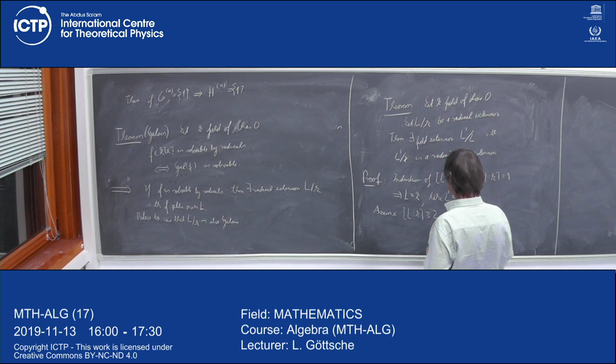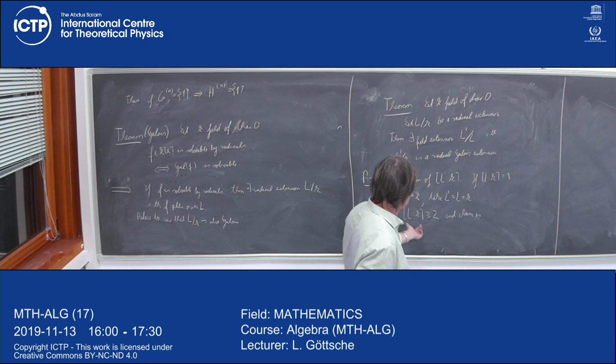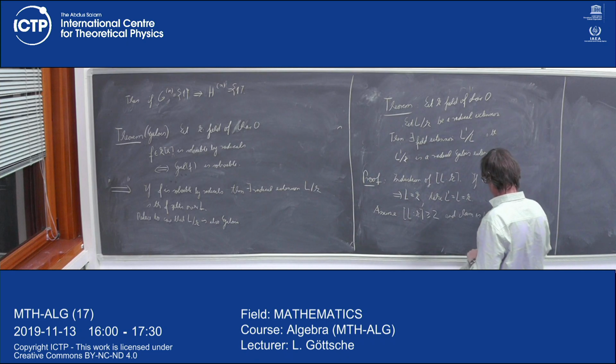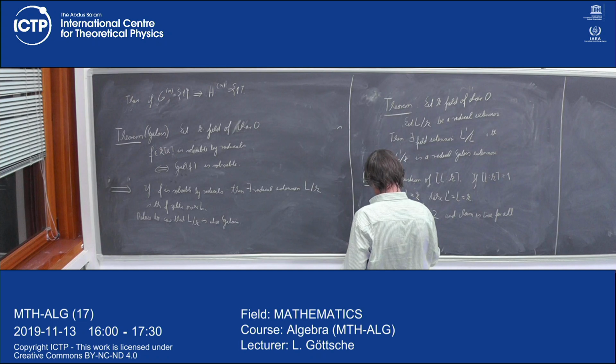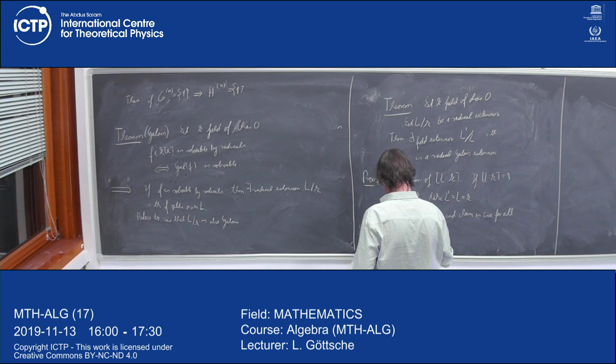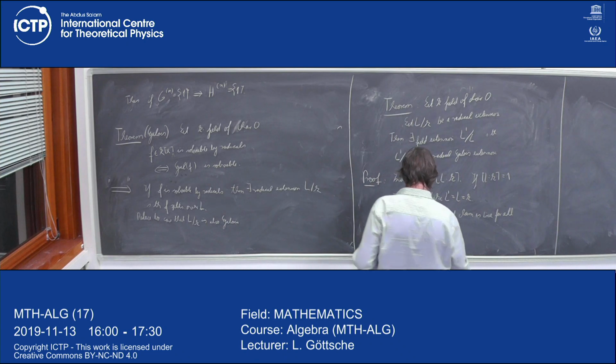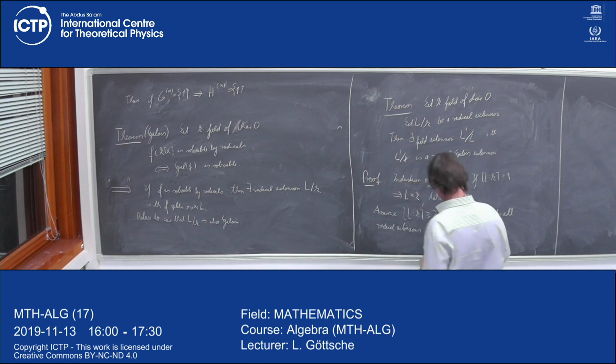And so the claim, if you have such an extension, then it's a radical extension and there exists a radical Galois extension over it, is true for all radical extensions of K whose degree is smaller.